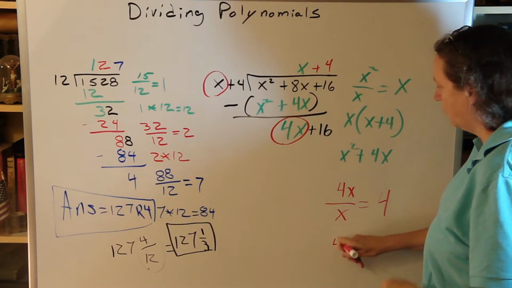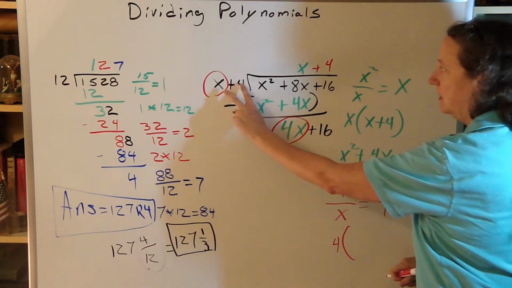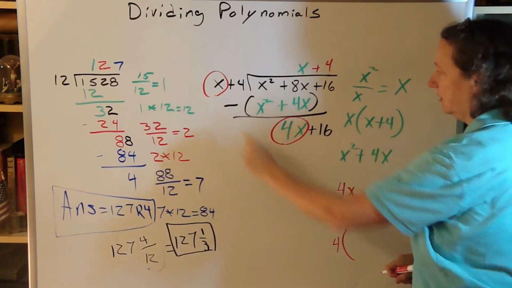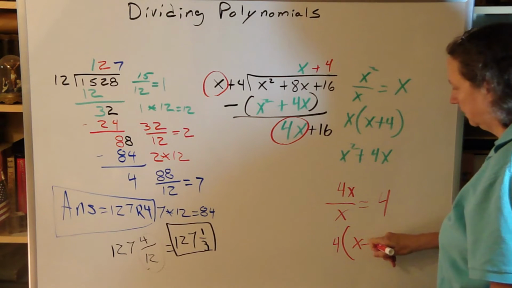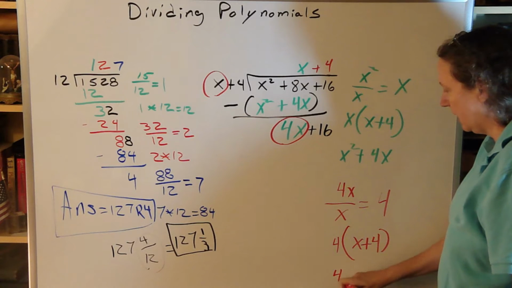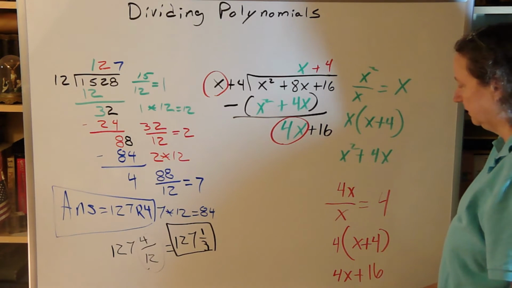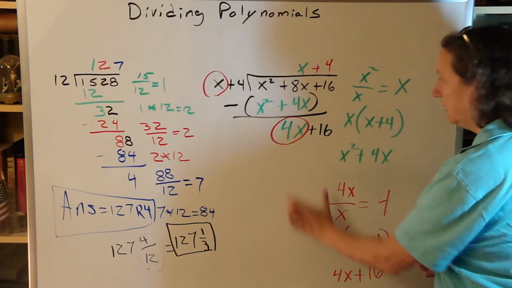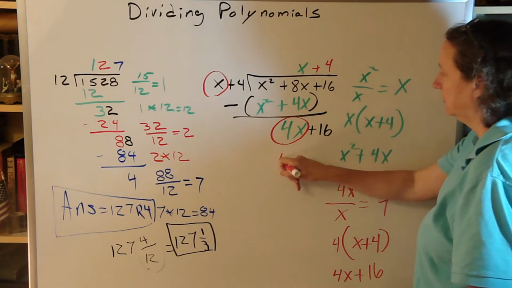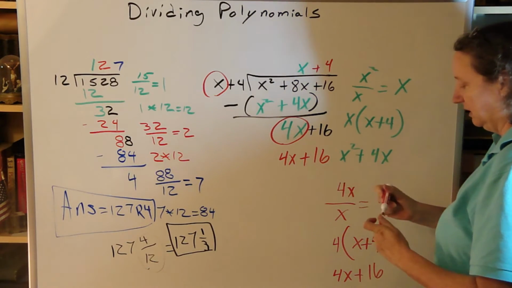I take that 4 that I got here, and I multiply it by that whole thing over here, x plus 4. That gives me 4x plus 16. I take this, line it up below this. 4x plus 16.